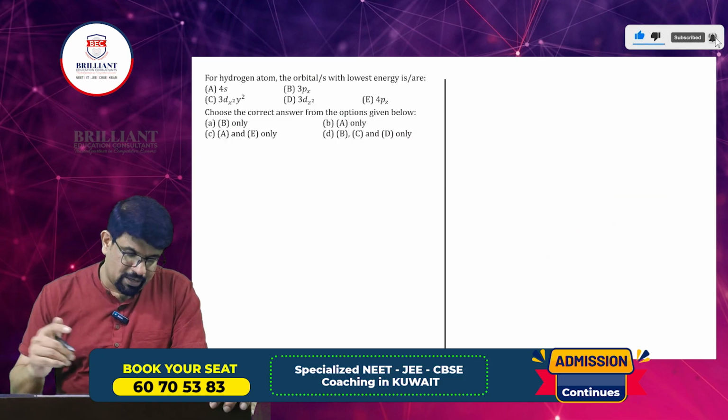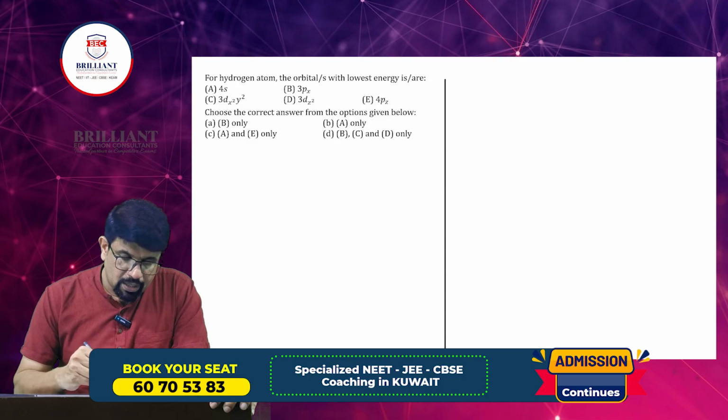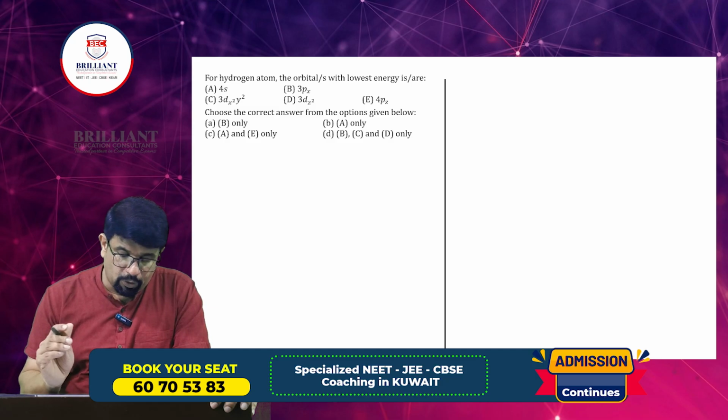Next question. For hydrogen atom, the orbital with the lowest energy is or are: 3px, 3py, then 3dz square, and they have given 4pz.